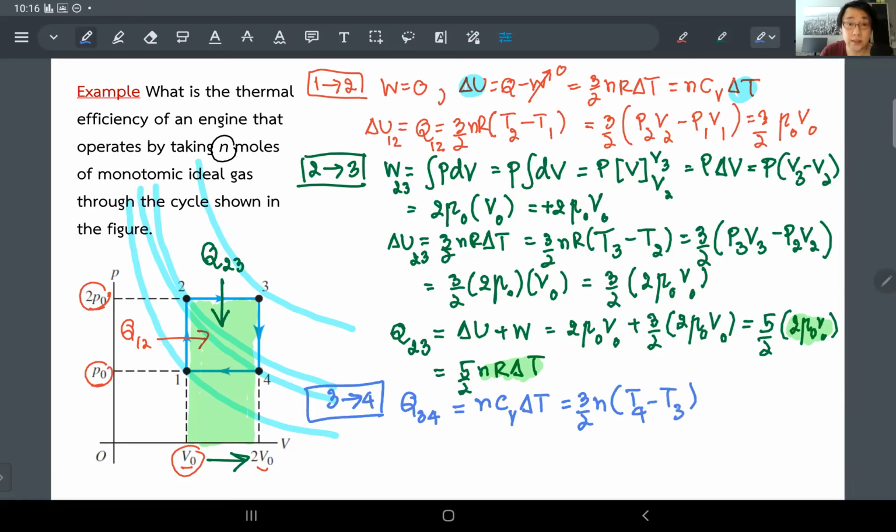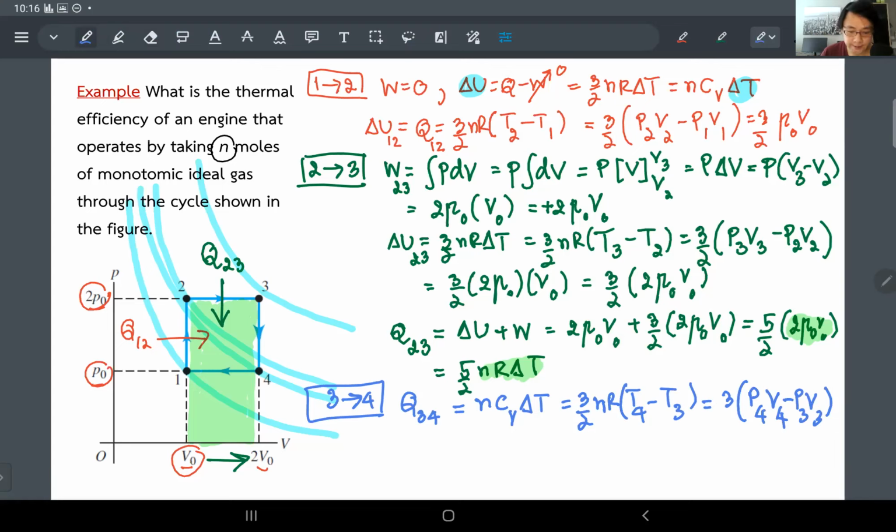Once again, because we don't have information about the temperature, but that's all right. I'm missing the R again, sorry. Let me squeeze in the R here: nR delta T. Here we go. So nRT is just P times V. So it's going to be 3/2, P at 4, V at 4 minus P at 3, V at 3.